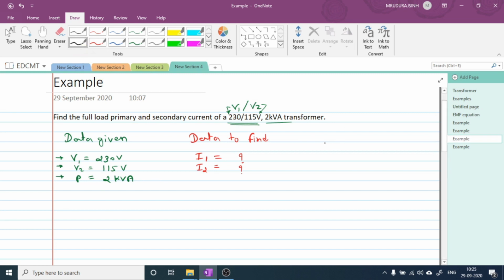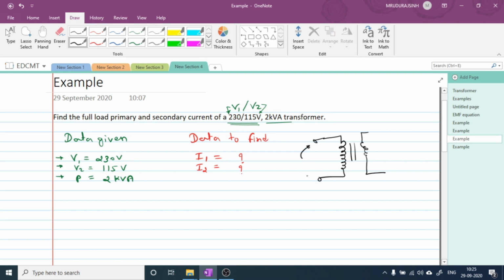And let me draw this circuit diagram of transformer. It's a step down transformer, so there are more number of turns on primary and less number of turns on secondary.